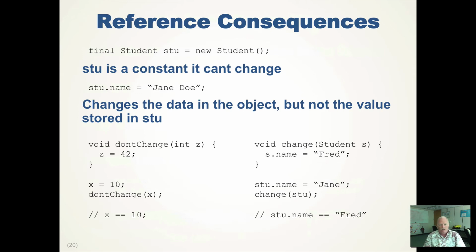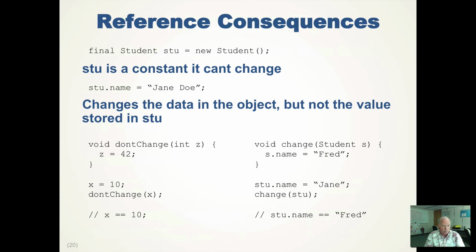So you can see the code where if I have a method called don't change, it takes an int, I assign that parameter to 42, I then call it with an int value 10, it doesn't actually change the value of x, because what really happens is z is assigned x's value, which would be 10.